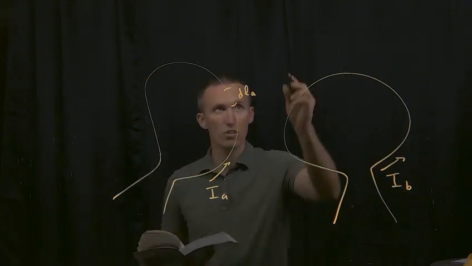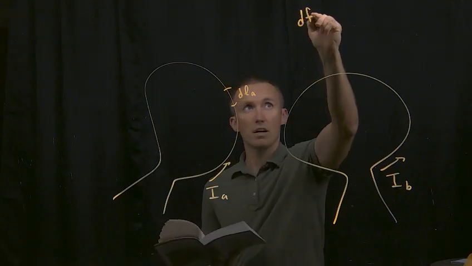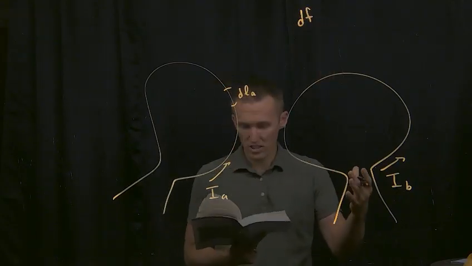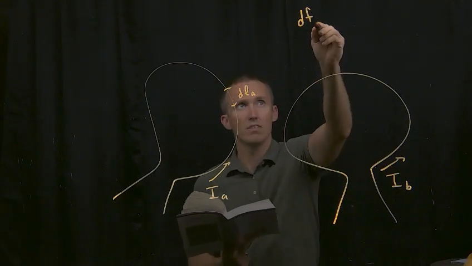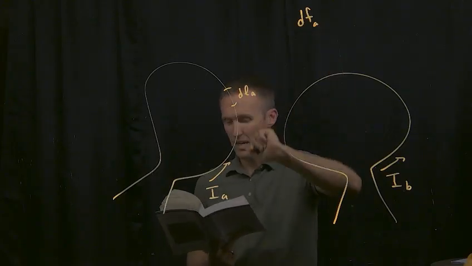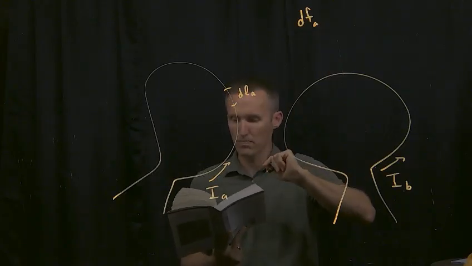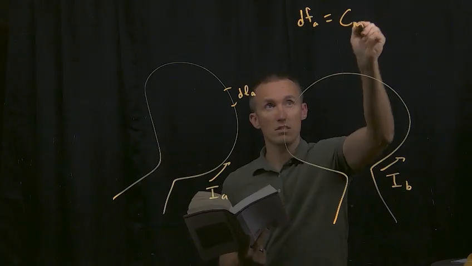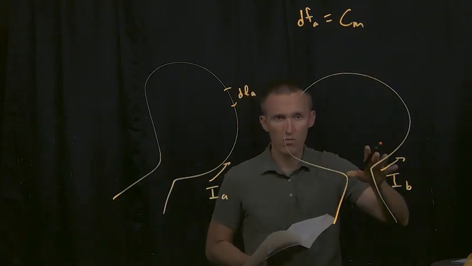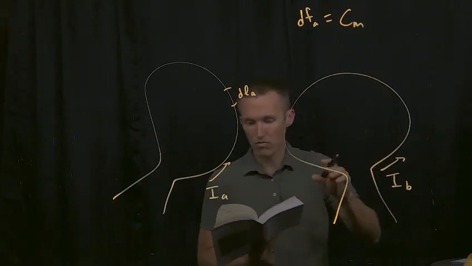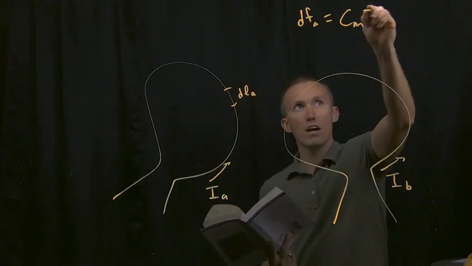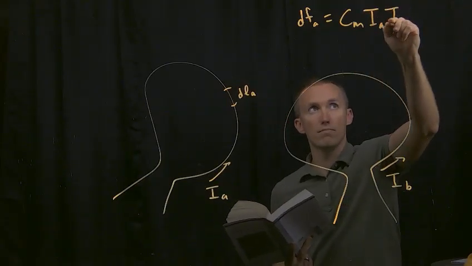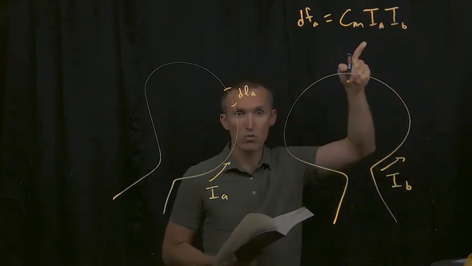So what do we have here? This is going to be an incremental quantity. So we've got dFA. That's the force acting on this little part of the loop. We're going to have some constant, just like we had the gravity constant for gravity potential. We're going to have a constant for the magnetics. We're going to have our two currents. And those are equivalent to our two masses, right?